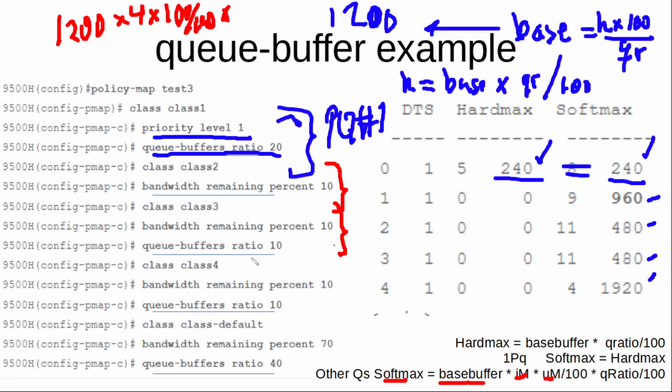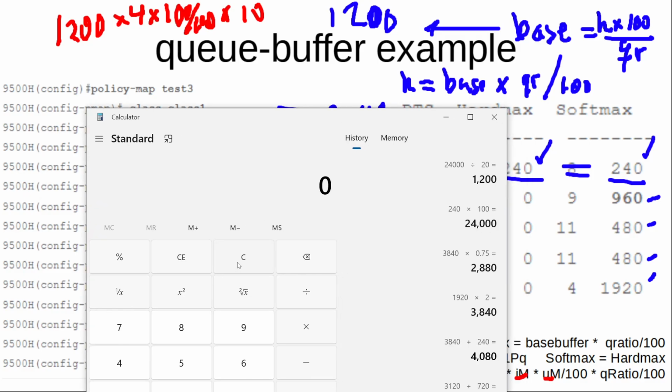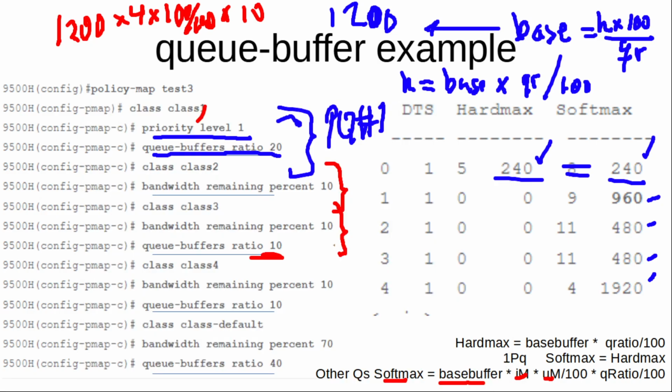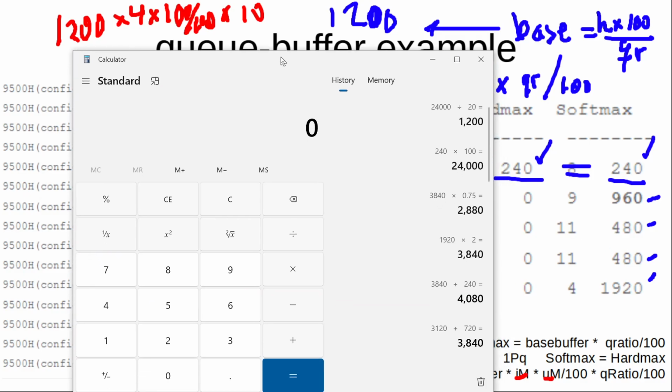In this case, the Q ratio is 10. So let's bring up our calculator: 1200 times 4 times 1 times 10, divided by 100.